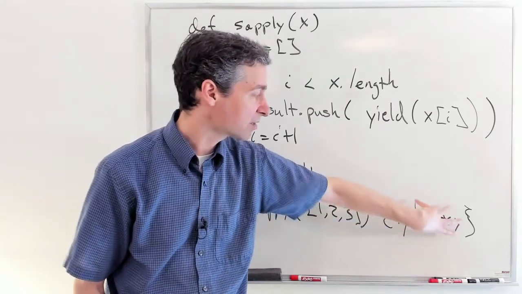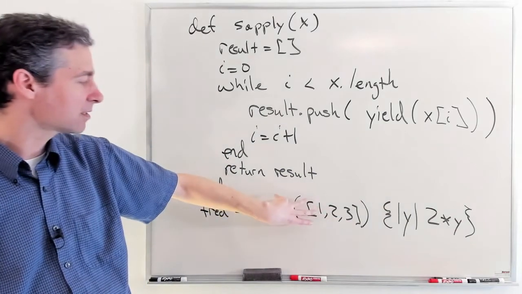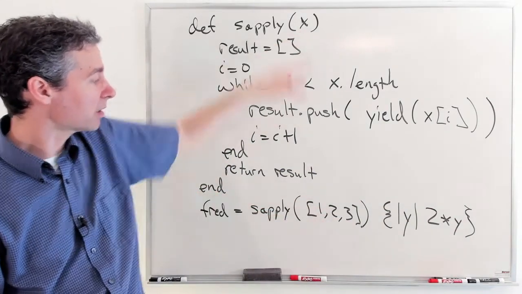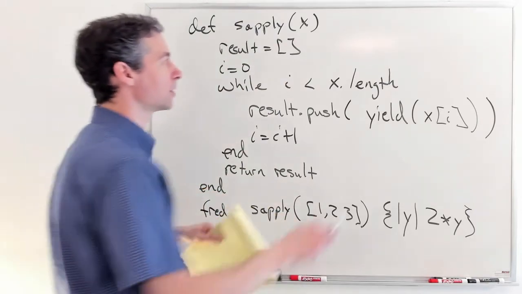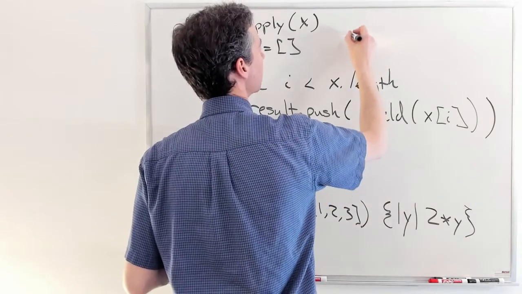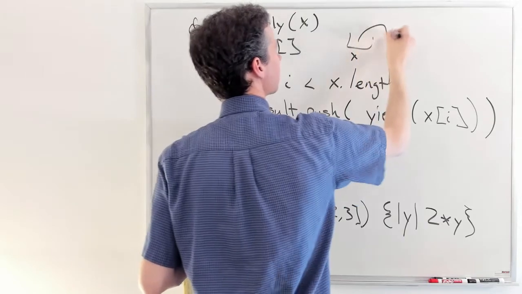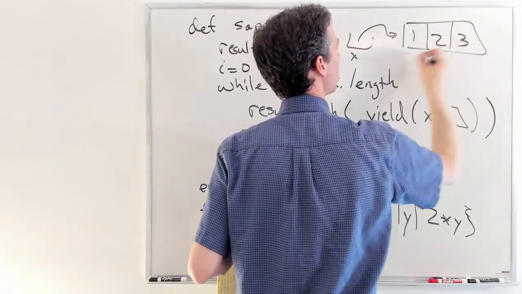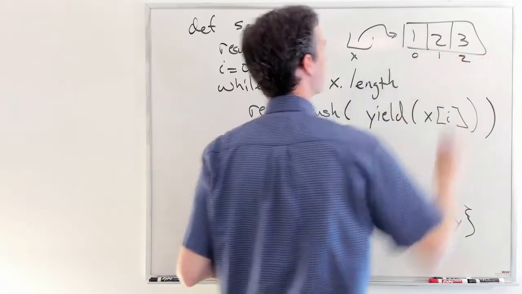It's just like an anonymous little function sitting here. And we're going to take this anonymous function and pass it to sapply, where sapply has as its argument x this array 1, 2, 3. And so if you wanted to look at this, you make x, and it goes to some nice array, 1, 2, 3, with indexes 0, 1, 2.